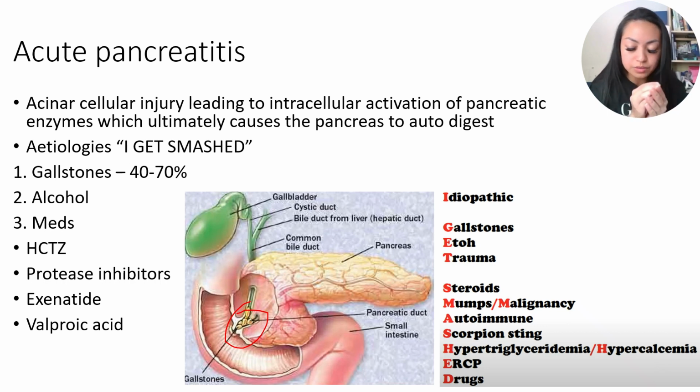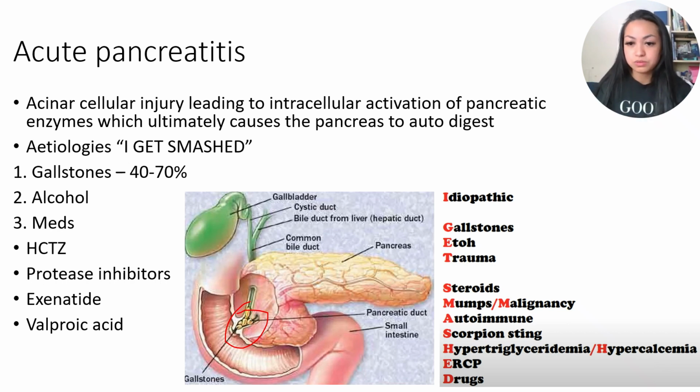So gallstones, alcohol, and medications like protease inhibitors, exenatide, hydrochlorothiazide, and valproic acid. I have a good way to remember everything that can cause acute pancreatitis, and it's I GET SMASHED. I for idiopathic. Sometimes patients present with acute pancreatitis and we cannot identify a specific cause, so that's called idiopathic.